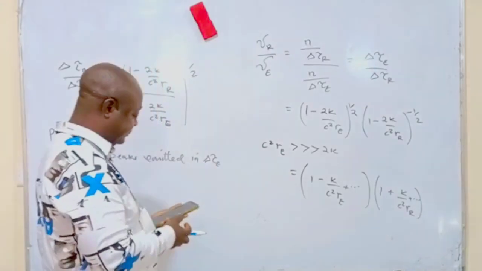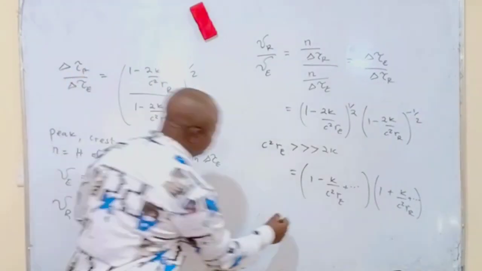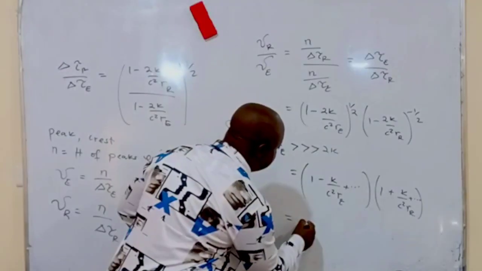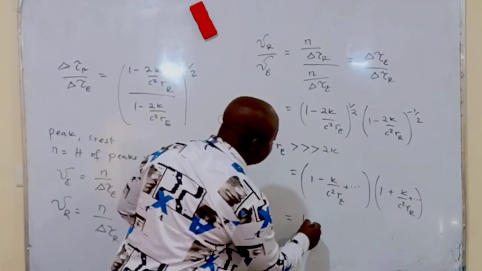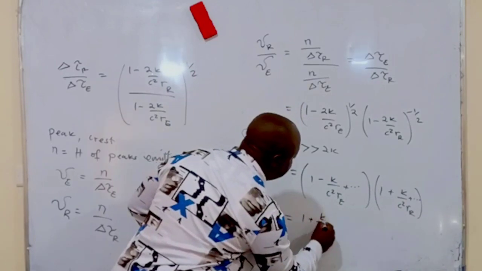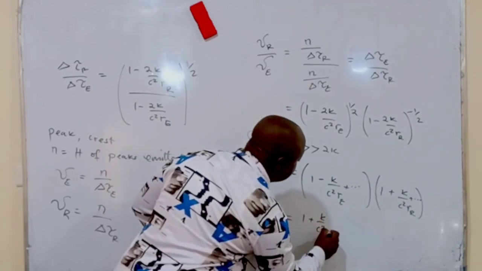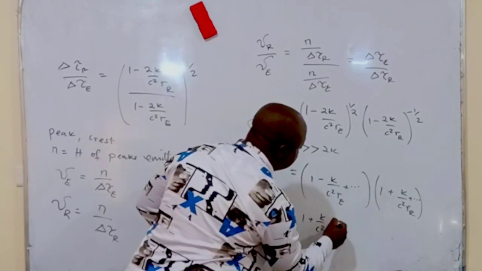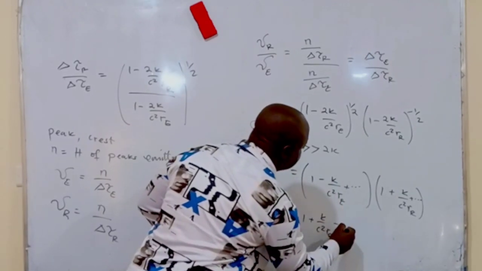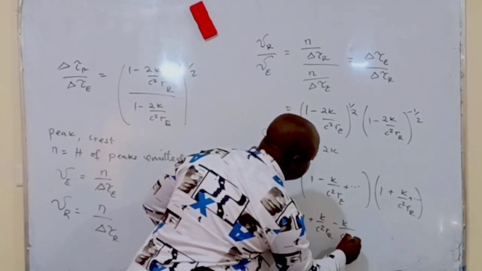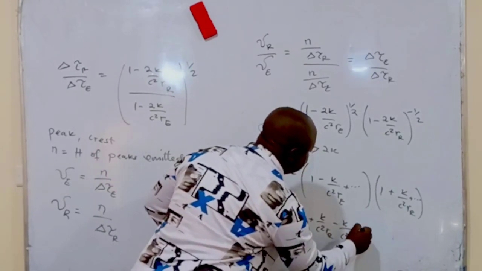If we multiply that out, we're going to have 1 plus k over c squared r_r, minus k over c squared r_e.